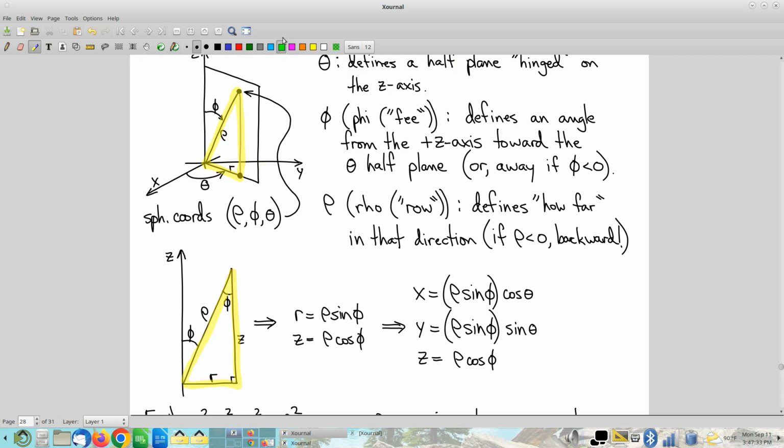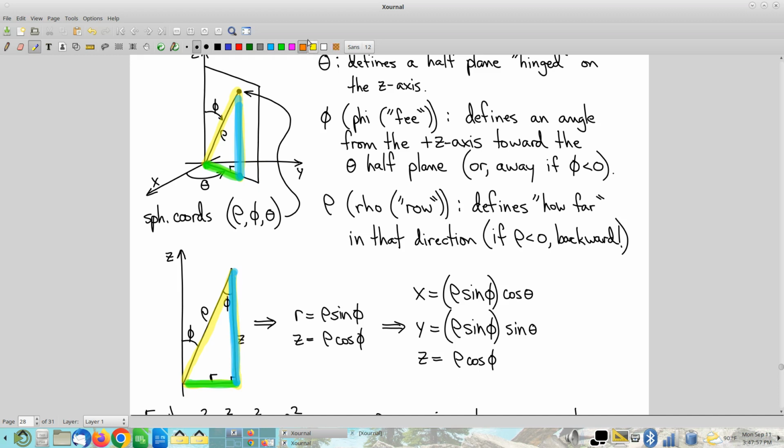Notice that this side of the triangle is R. That's our cylindrical coordinate R that somebody asked about a minute ago. And notice that this side of the triangle is its height. That's the Z coordinate of that point, and Z, therefore, is what this is.